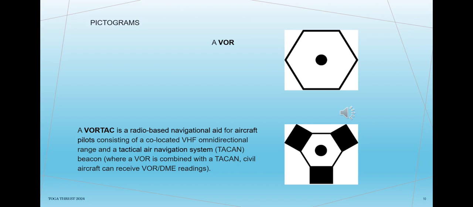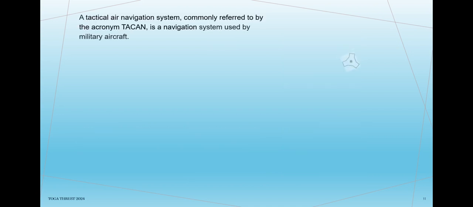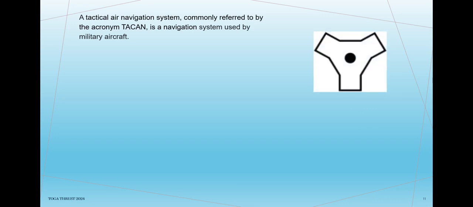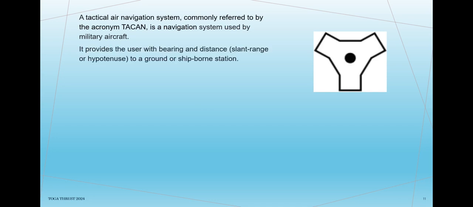Civil aircraft can receive VOR, DME readings. A tactical air navigation system, commonly referred to by the acronym TACAN, is a navigation system used by military aircraft. It provides the user with bearing and distance, slant range or hypotenuse, to a ground or shipborne station.